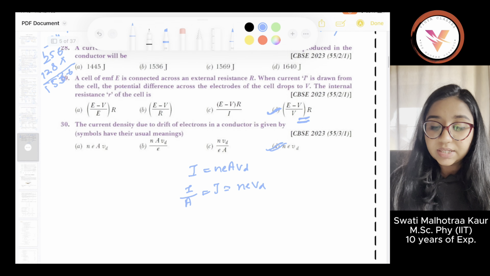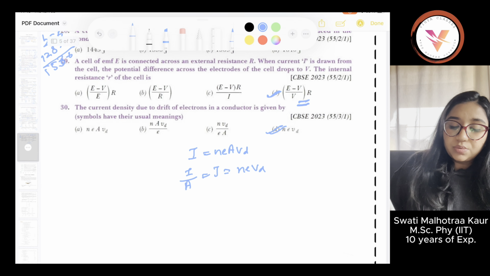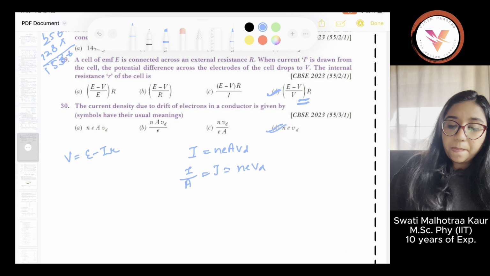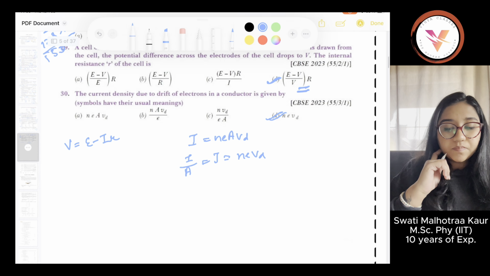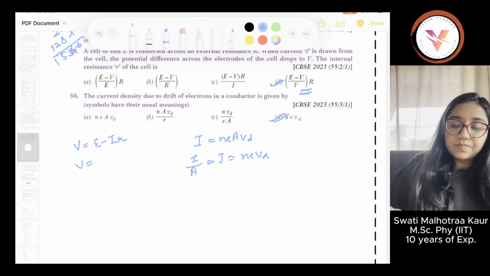Okay, let's derive the question 29. A cell of EMF E is connected across an external resistance R. When current I is drawn from the cell, the potential difference across the electrodes of the cell drops to V. So you know that V is equal to E minus Ir, and I is equal to EMF upon R plus small r.